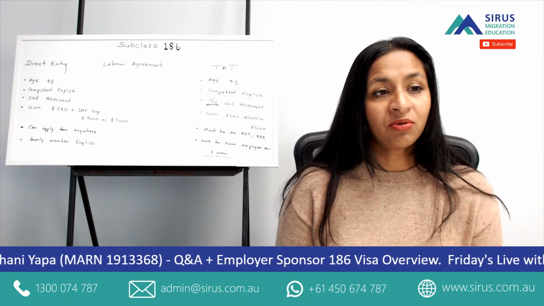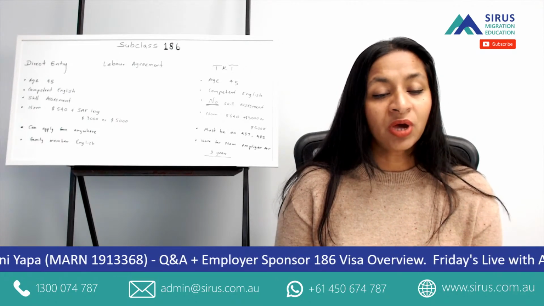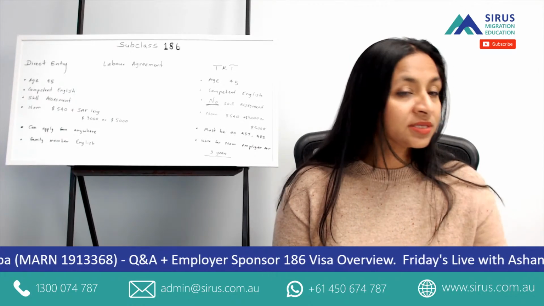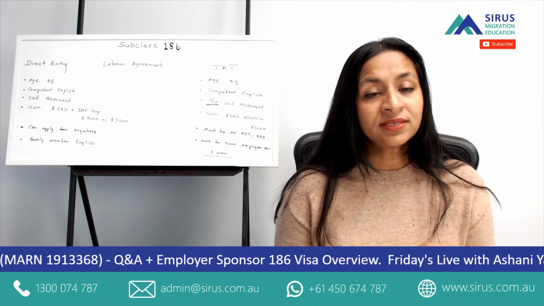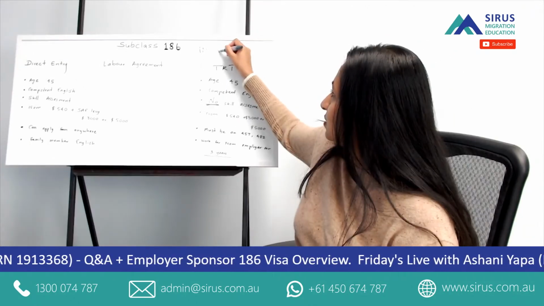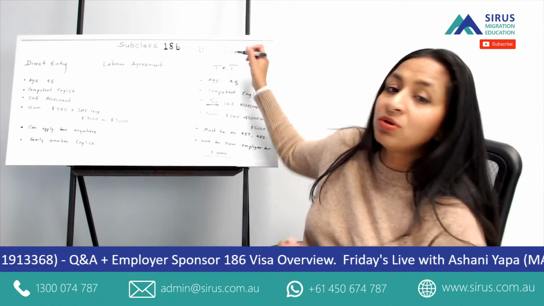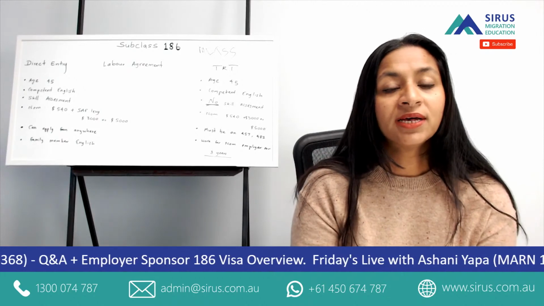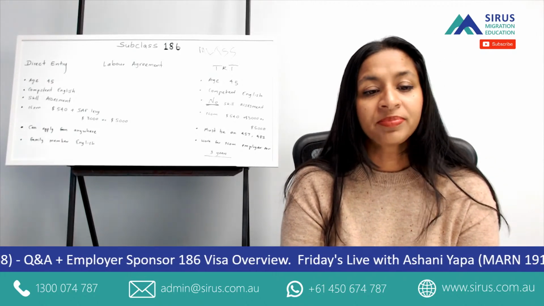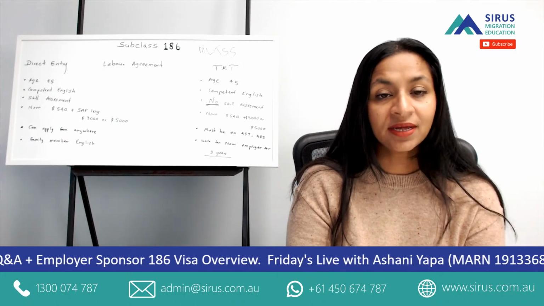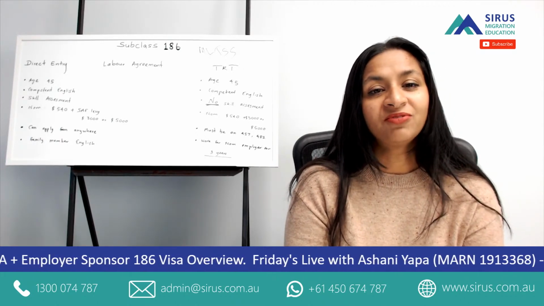The next requirement is you need to have an occupation in the relevant list. So when it comes to subclass 186, the relevant list is called the MLTSS. So that's again a very important requirement. MLTSS stands for medium to long term skilled occupation list. You must have an occupation in the MLTSS list if you want to be eligible for subclass 186.